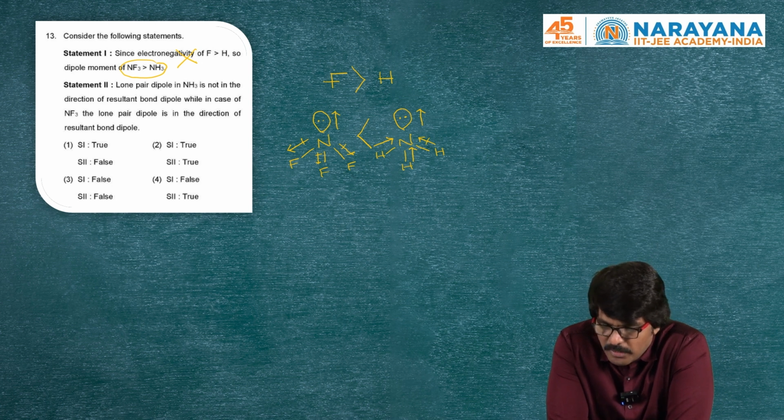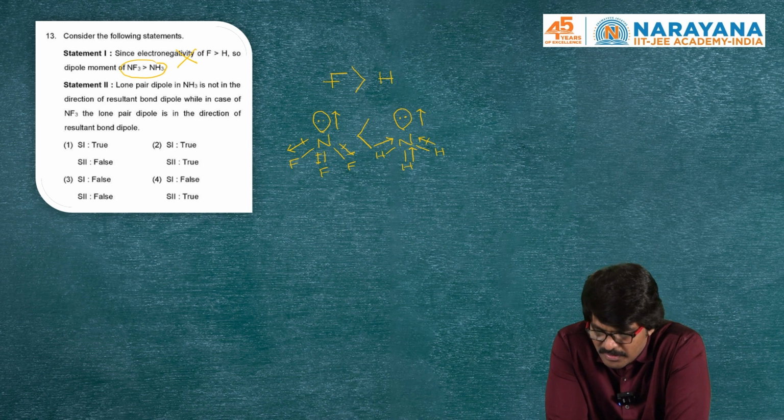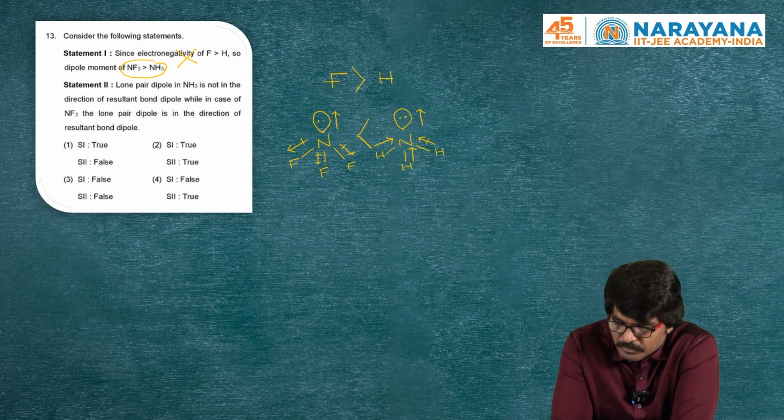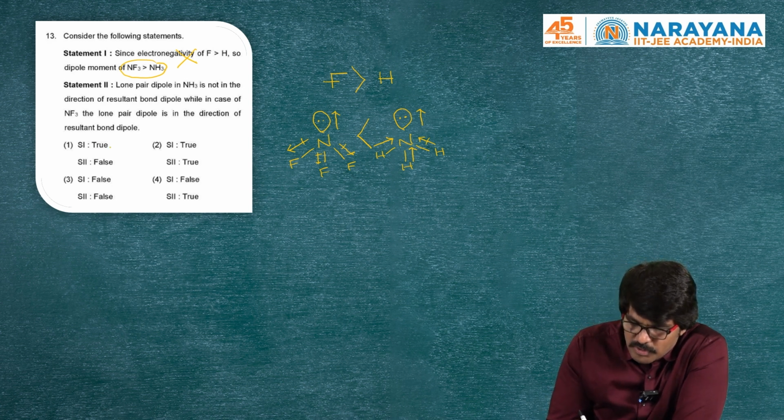The lone pair dipole in ammonia is not in the direction of the resultant bond dipole, while in case of NF3, the lone pair dipole is in the direction of the resultant bond dipole. So in this, the first statement is definitely a wrong statement. So this is not the answer.